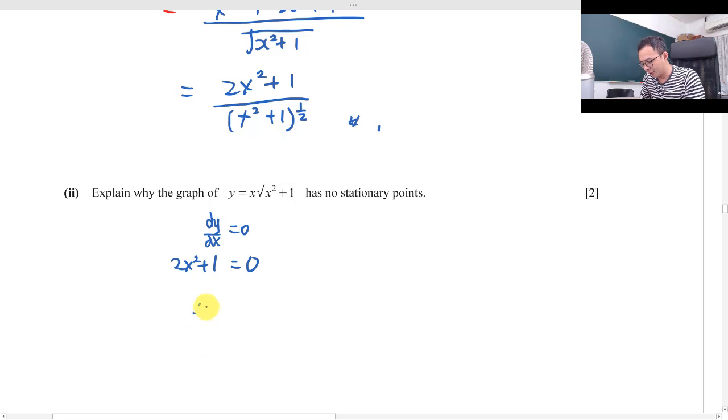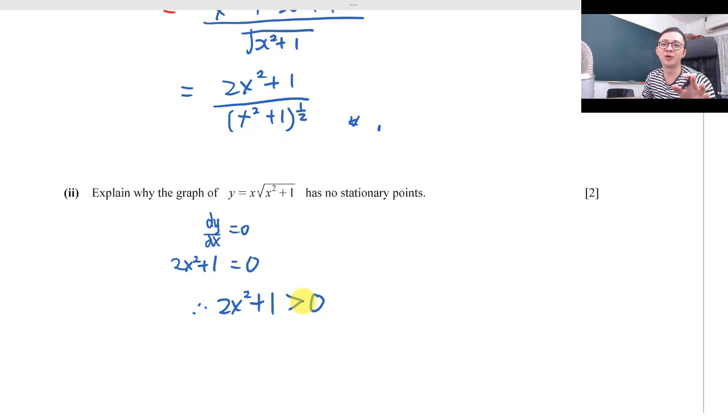And therefore 2x squared plus 1 must always be bigger than 0, because no matter what x value you sub into it, there's no way you get 0. You can try to sub any value into x, you definitely get bigger than 0. And actually, you should always get bigger than 1. So therefore, you can say 2x squared plus 1 must always be positive, or cannot equal 0. So therefore, it is not possible.